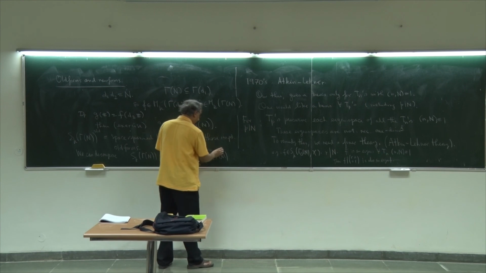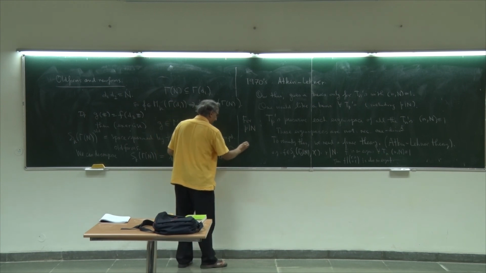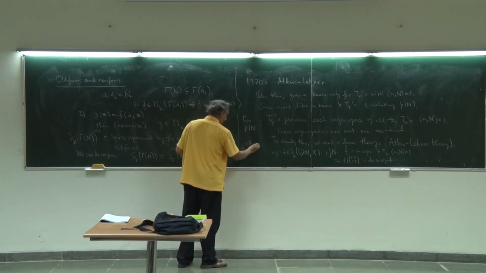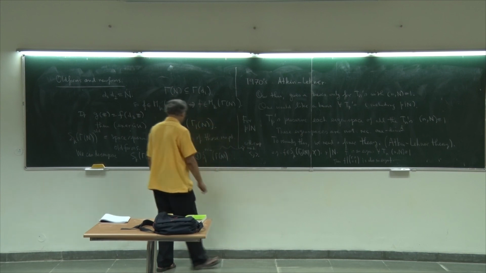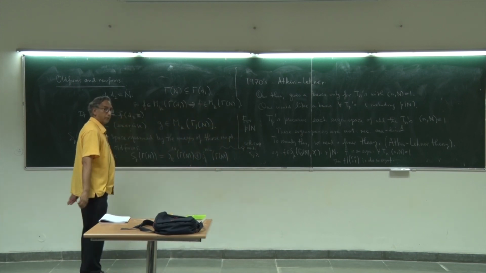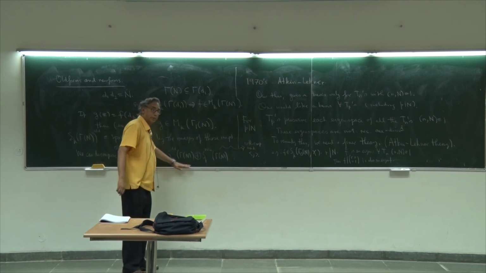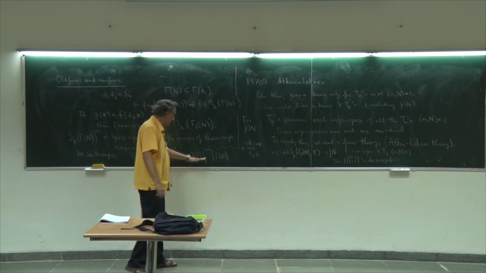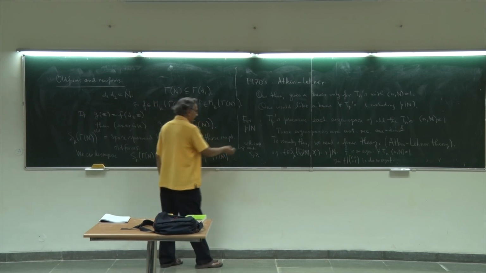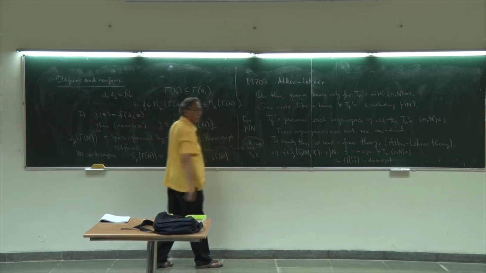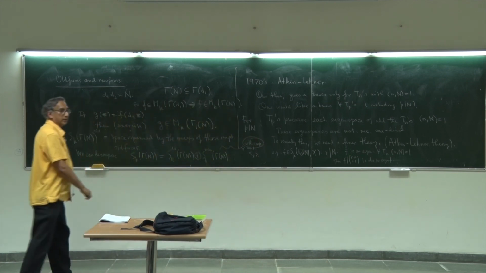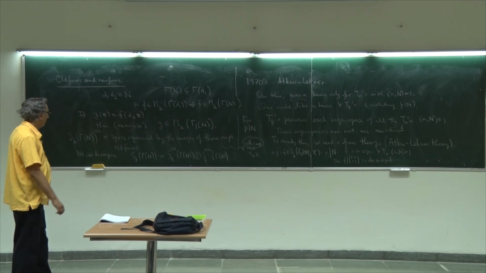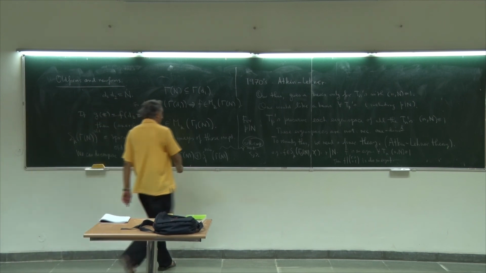And this is the orthogonal complement with respect to the Petersson inner product. Firstly, it is a complement as a vector space, there's no orthogonality, just a complement of the vector space. And then it actually is the case that it's the orthogonal complement with respect to the Petersson inner product. So these are what are called new forms.